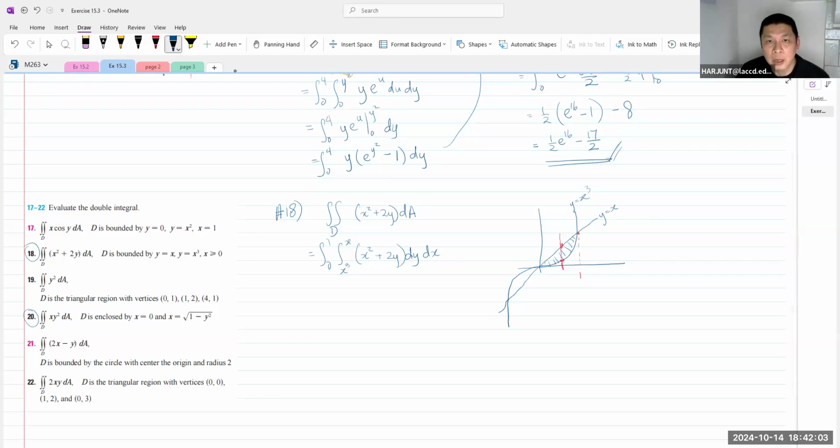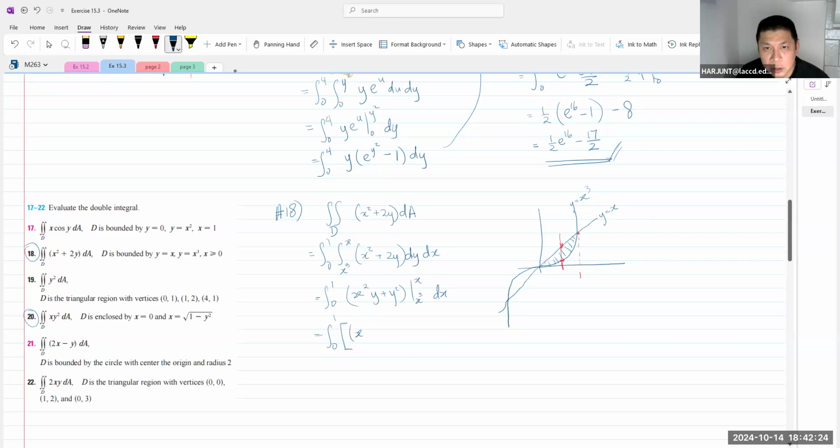Now when I integrate with respect to y, I will get x squared y plus y squared from x cubed to x dx. Substitute the y's.